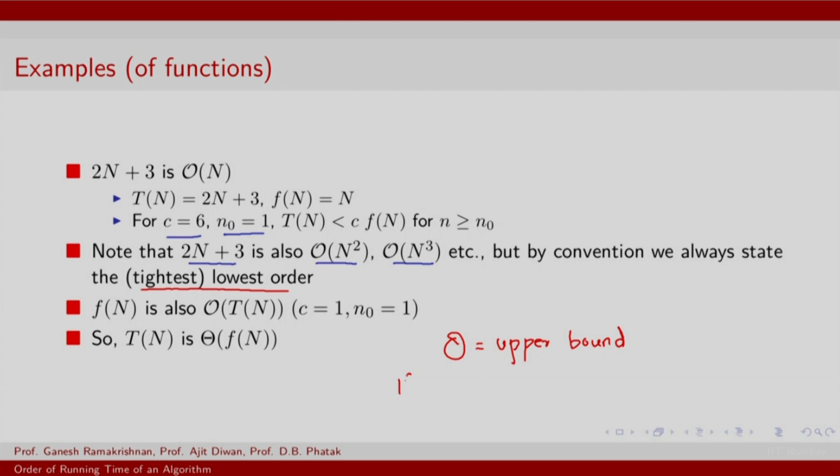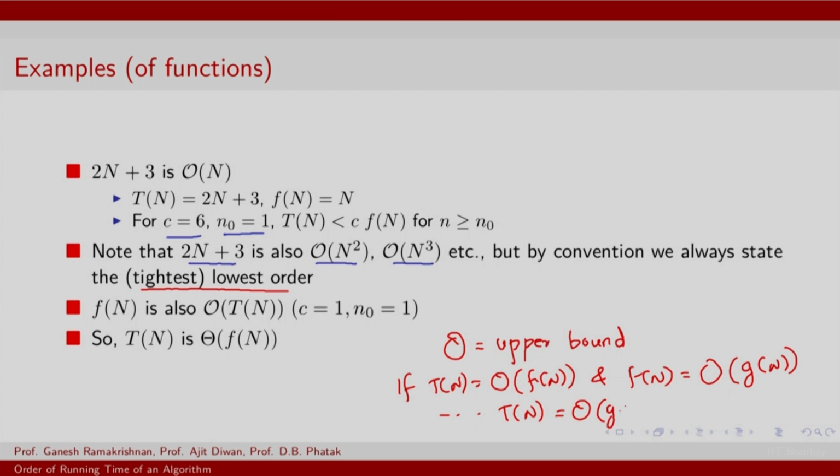So if Tn is big O of Fn and Fn in turn is big O of Gn, then you can show that Tn will also be big O of Gn and so on. But what we want is the tightest upper bound.